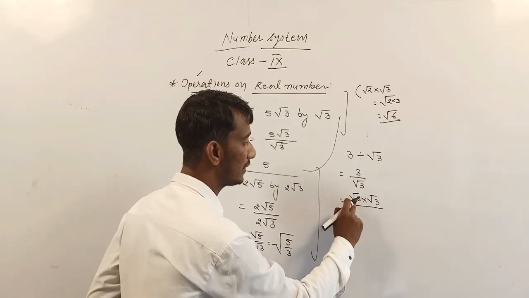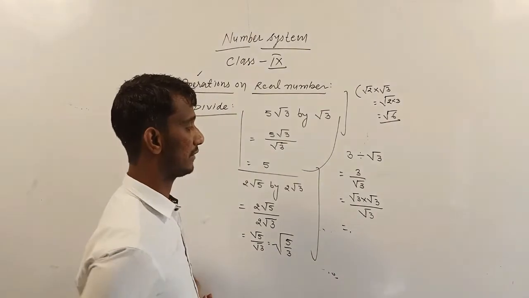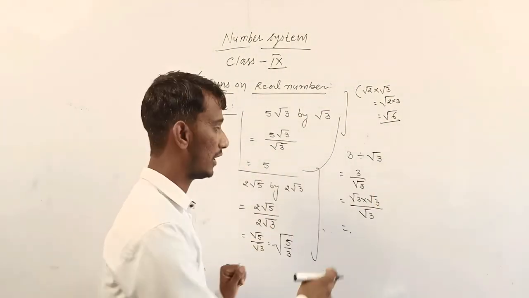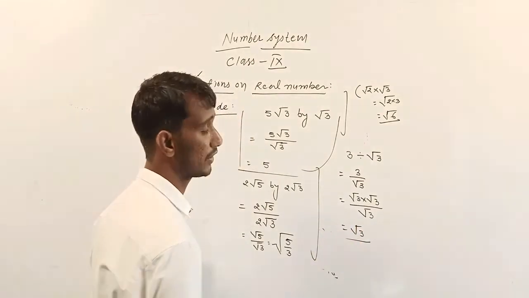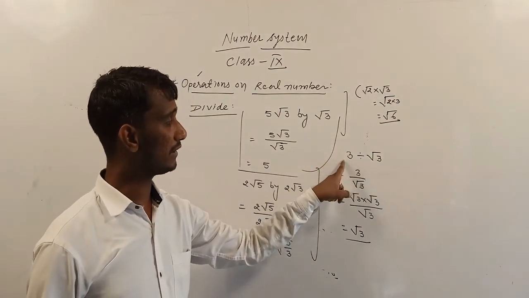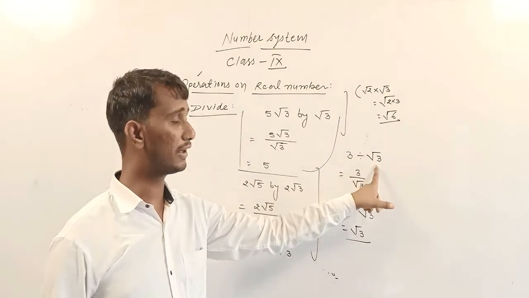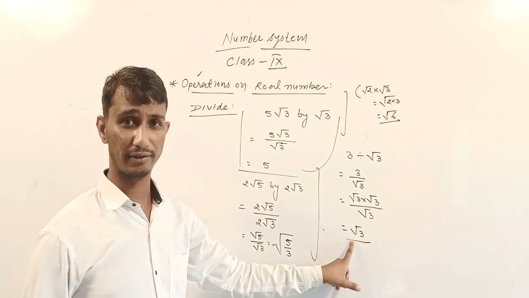So we can write here root 3 into root 3 upon root 3. Now start the division. Root 3 divided by root 3 is only one time, and only one root 3 is remaining. So our answer is root 3. So in this fact we can say that if any rational number is divided by an irrational number, the quotient will be irrational.